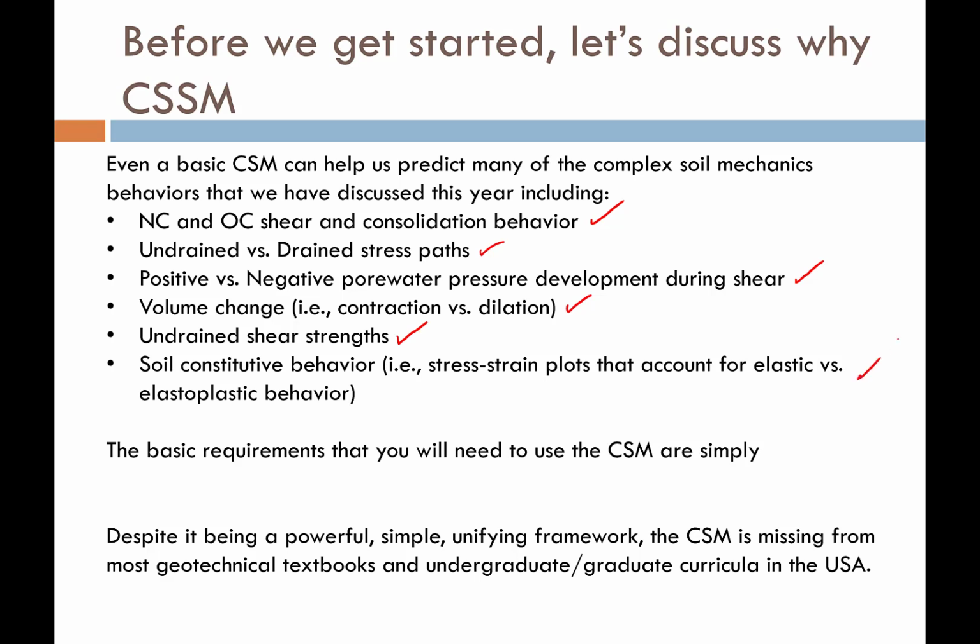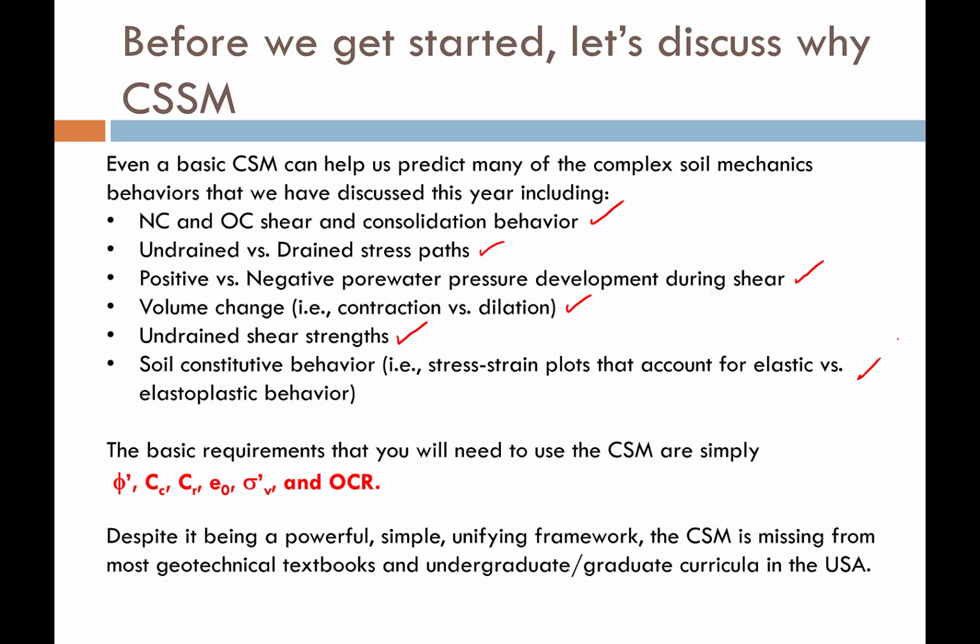So this is predicting stress-strain behavior. If I stress the soil, how much is it going to strain? Or if I want to strain the soil this much, how much stress would do that? So the basic requirements that you will need to use this simplistic critical state model are simply these terms.